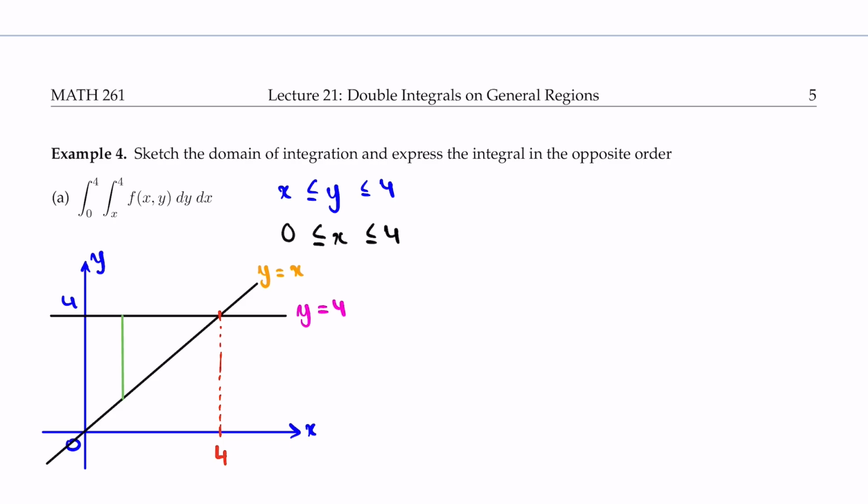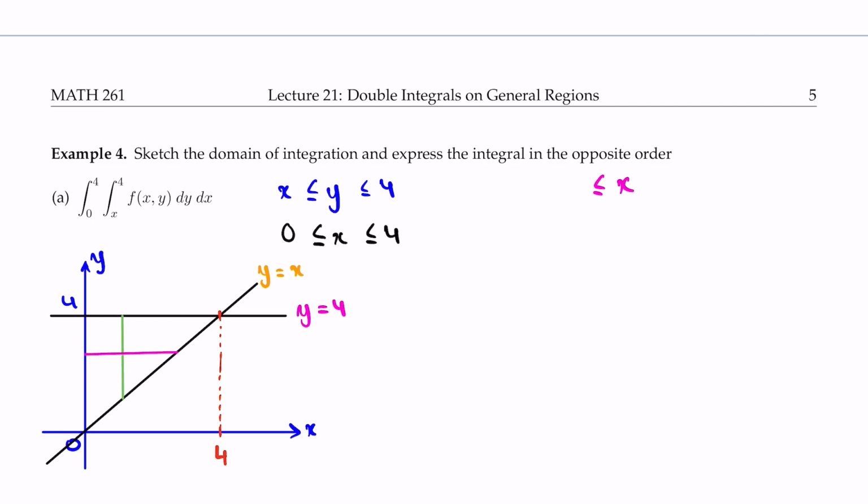Now, in order to switch the order of integrations from a vertical line to a horizontal line, or from a vertically simple domain to a horizontally simple domain, we're going to put in a horizontal line. For this horizontal line, the left end touches the y-axis, or x equal to 0.